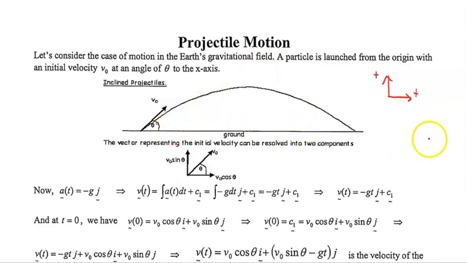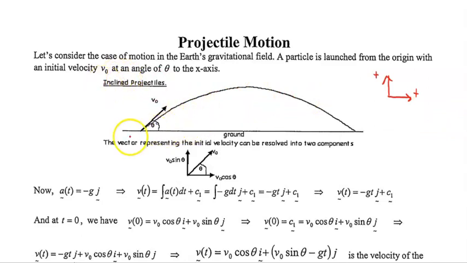Motion to the right I'll take as positive, motion upwards I'll take as positive. So anything falling down will have a negative. Anything moving in the Earth's gravitational field will be subject to acceleration down towards the center of the Earth, and so the acceleration will be in a negative direction. Just bear that in mind. That's the only other thing to consider. And so here we go.